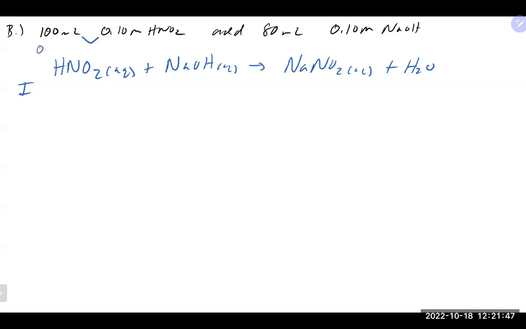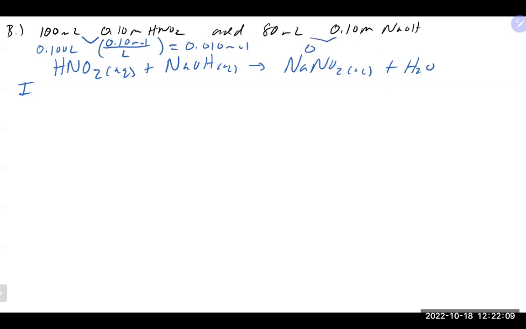So that would be 0.1 liters times 0.1 moles per liter, and that would get us 0.1 times 0.1, which is 0.01 moles for our nitrous acid.